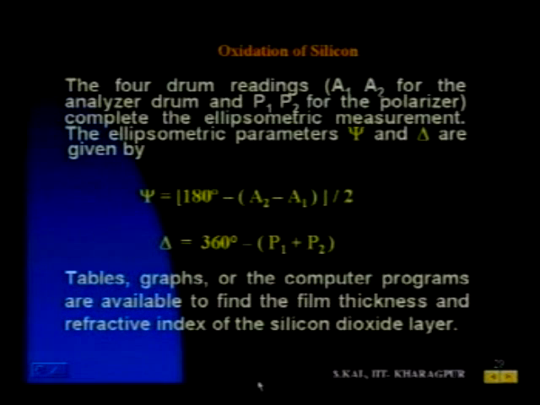Then we follow certain tables. For different psi and delta values, the oxide thickness and refractive index values are given, and you have to see where it matches. For a certain refractive index and thickness, psi and delta exactly match, and that is the value of the oxide thickness and refractive index.